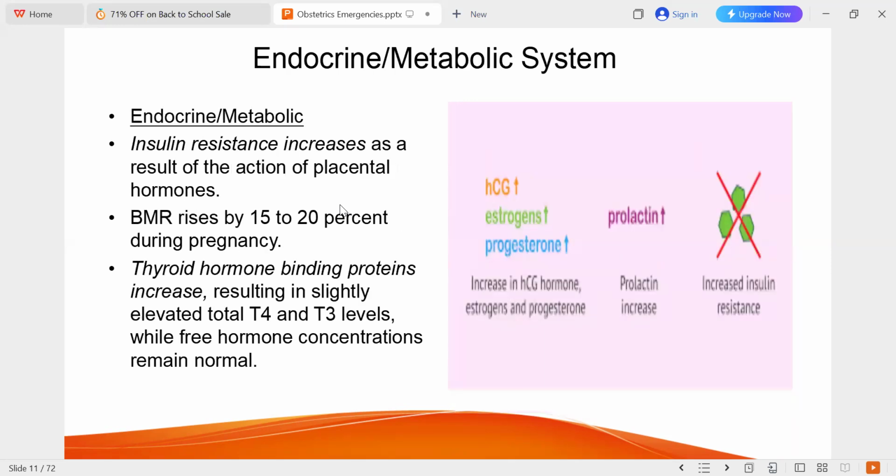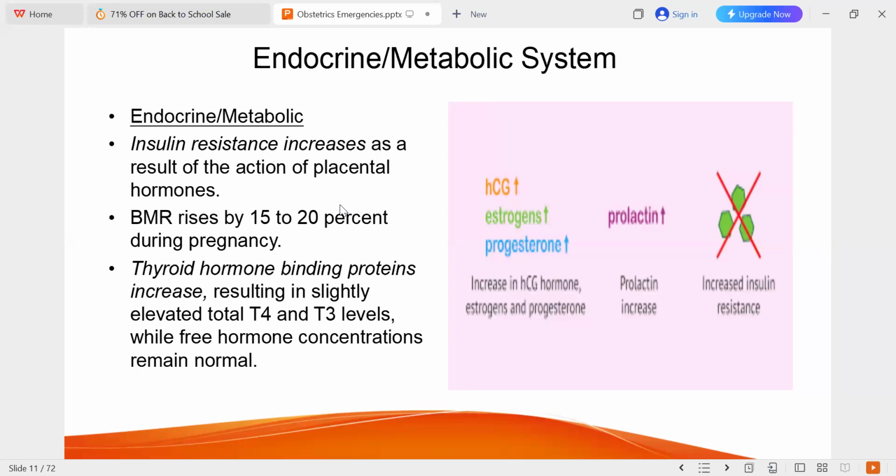Endocrine: insulin resistance increases as a result of the action of placental hormones. The BMR also increases by 15 to 20% during pregnancy. Interestingly, thyroid hormone increases, but it's actually the total thyroxine and T3 levels, while the free hormone concentrations appear to remain normal.